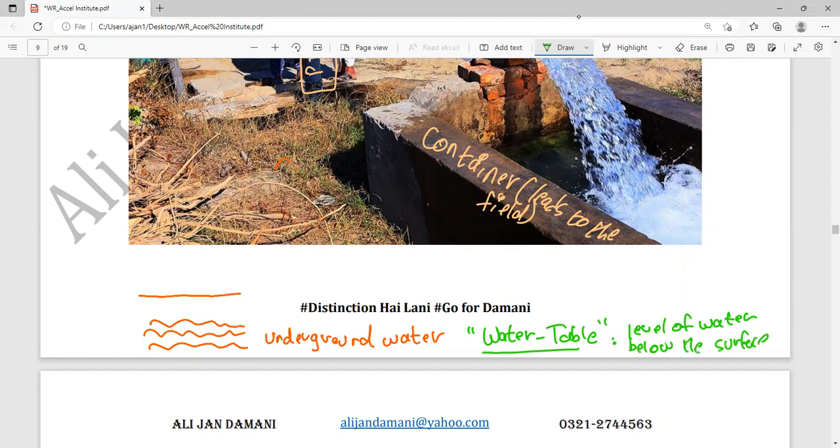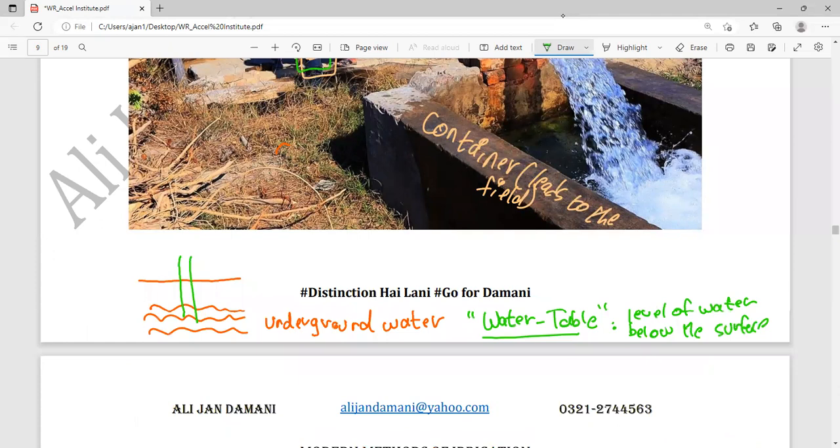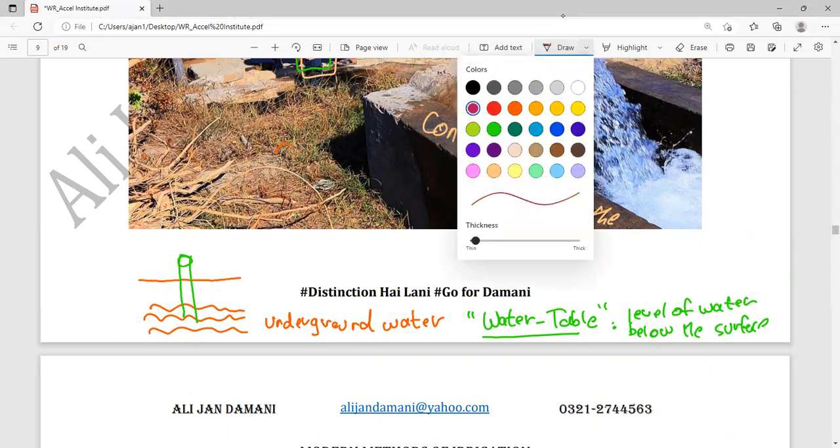Now, what farmers do is they insert a metal pipe, as we are able to see. They insert it in the ground, and this metal pipe has a pump attached to it.